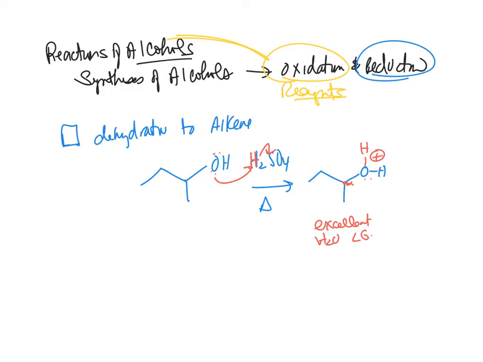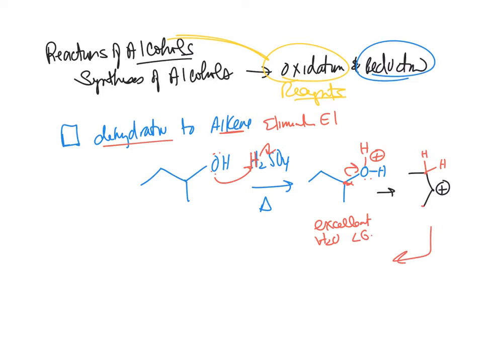When we're doing elimination, dehydration to an alkene is elimination. This is under acidic conditions, so this is E1. The water will leave, and then you get a secondary carbocation. You do your carbocation test. If you switch places here with a hydride, it's still secondary. Here's a primary, so that is as stable as it gets, so you can just leave it.